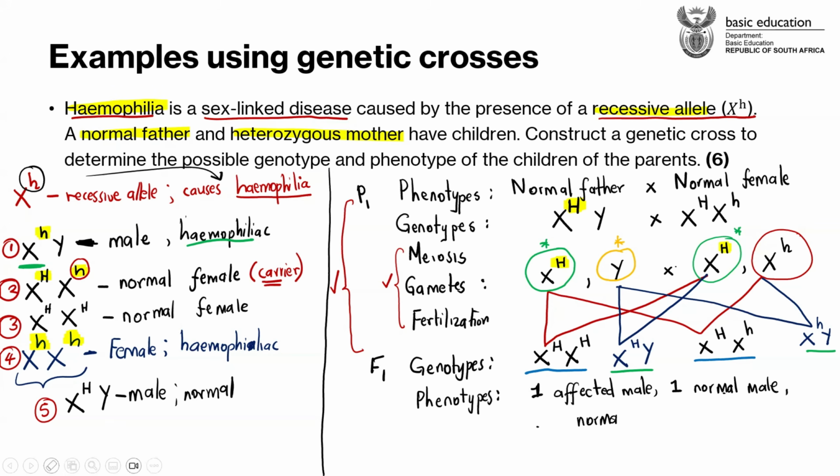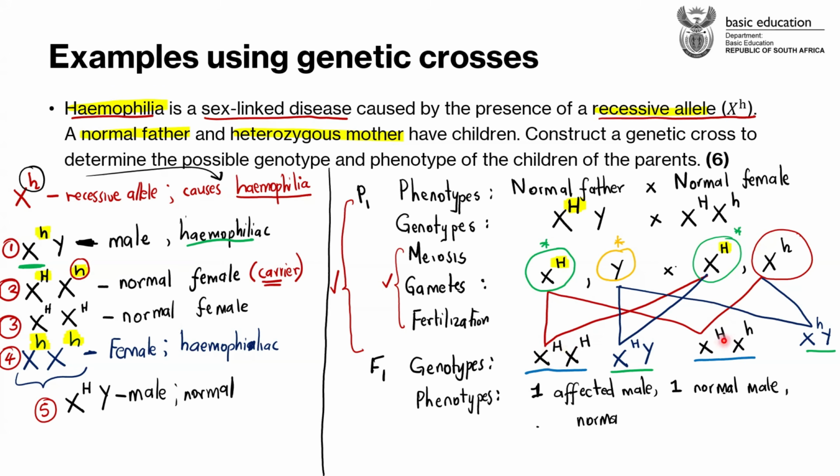You guys can see that the females that we have here, we have got this one, X with a capital letter H, X with a capital letter H. That's a homozygous dominant condition, and this is telling us that the female is normal.